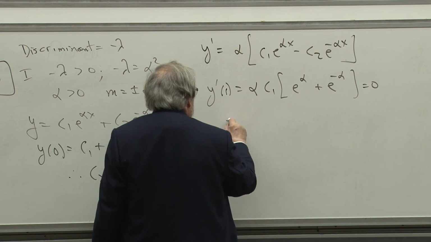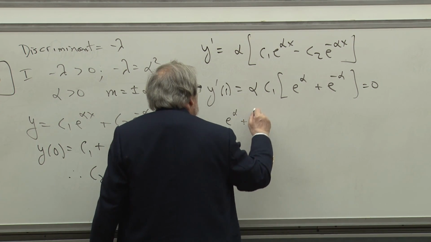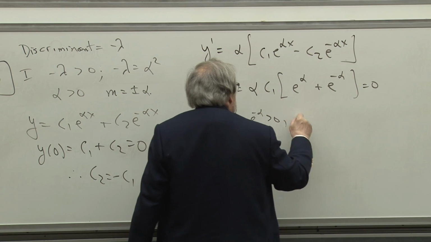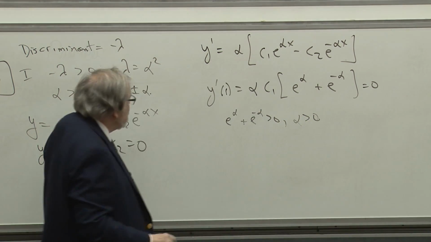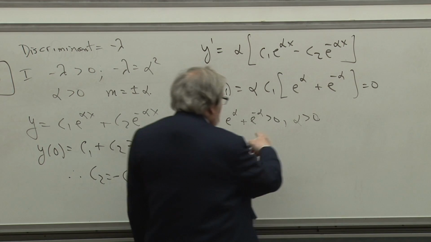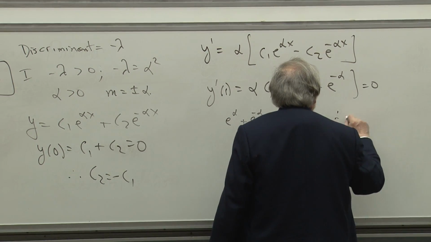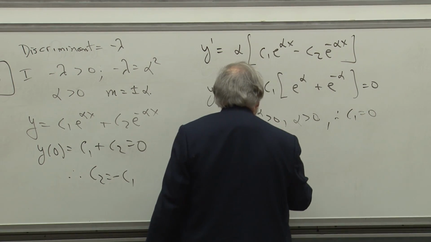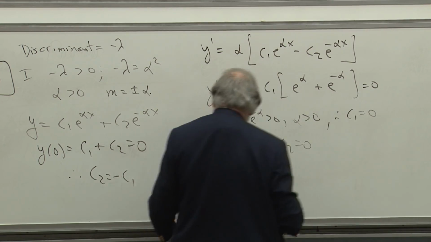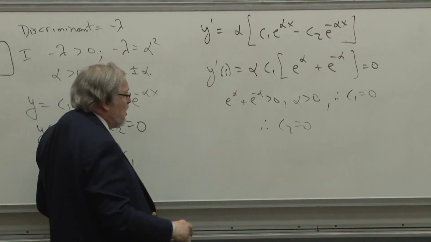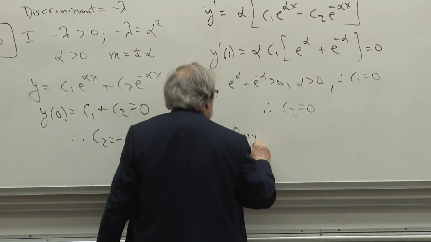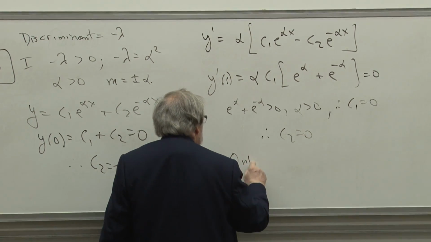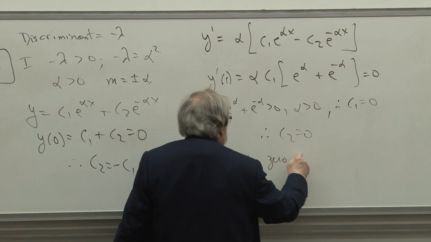And therefore two of the things in the product are positive, and therefore C1 is 0. And then C2 being negative C1 is 0, and we have only the 0 solution.